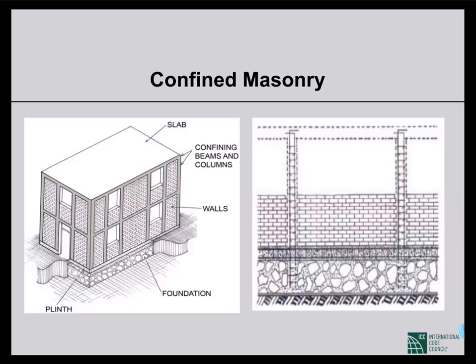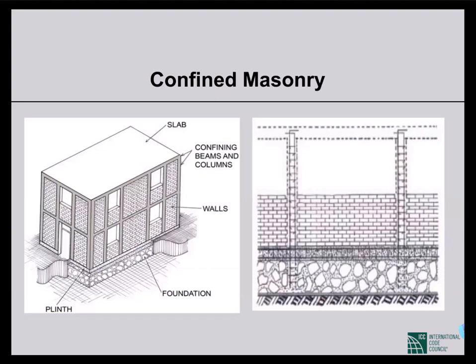So the sequence of construction is like this. First, you make the brickwork. That is, you construct the walls and you leave spaces for column casting or this confining element. They are not actually columns, they are confining elements. Their purpose is to confine the walls.